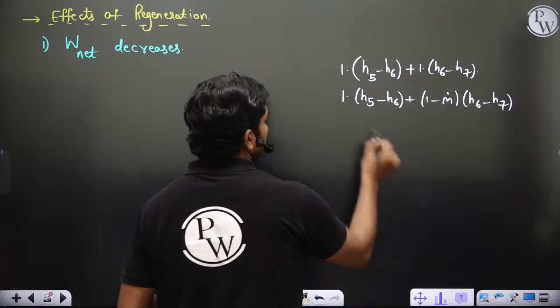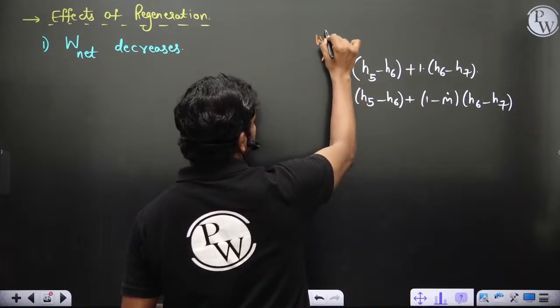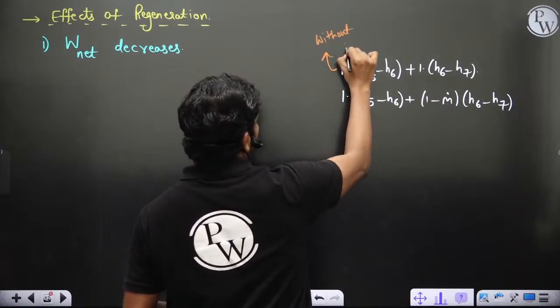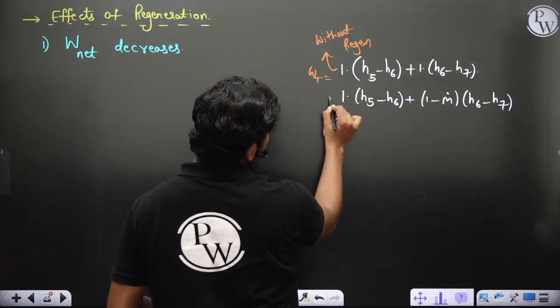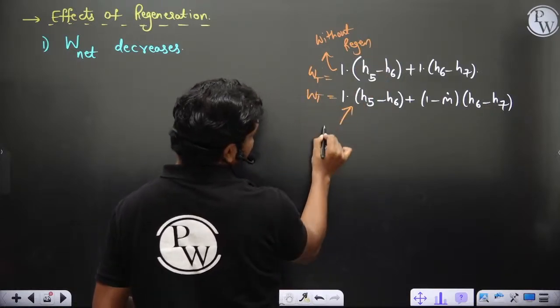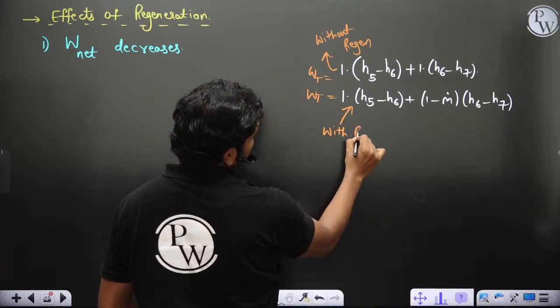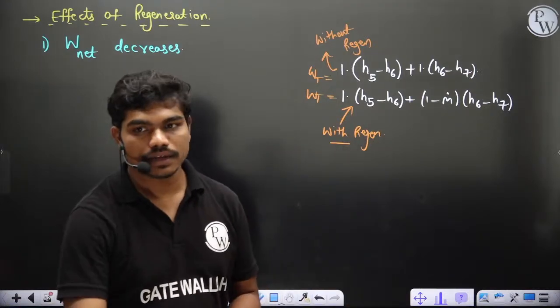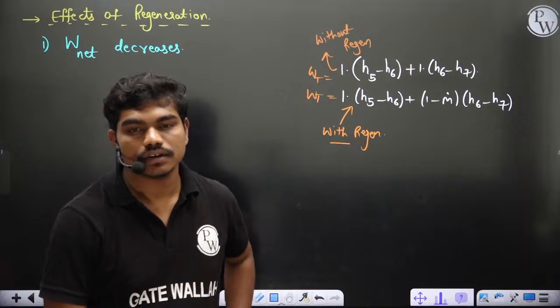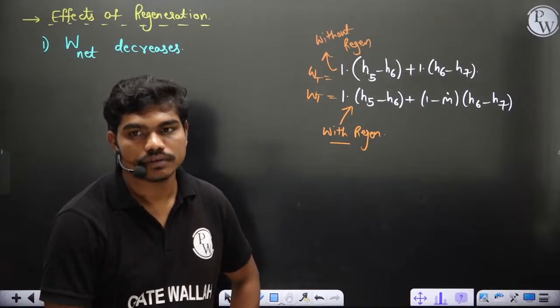This is the actual turbine work without regeneration. This is with regeneration. Now tell me, what's happening to your net work output?